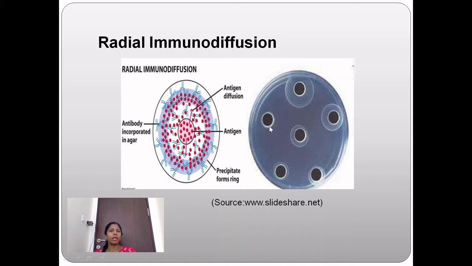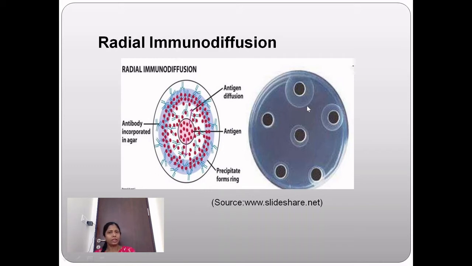Now, the diameter of this precipitin ring is measured and plotted as a standard curve, taking the diameter on the x-axis and the concentration of antigen on the y-axis. The diameter of the precipitin ring in case of the unknown sample is also measured, and the quantity of antigen in this unknown sample is estimated using the standard graph.